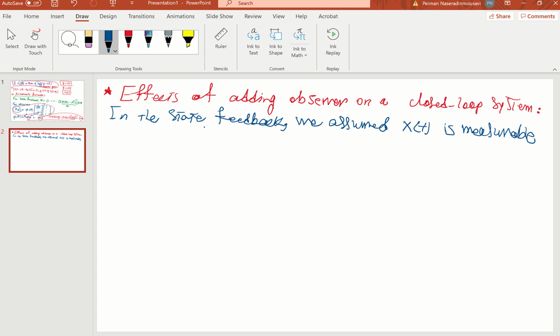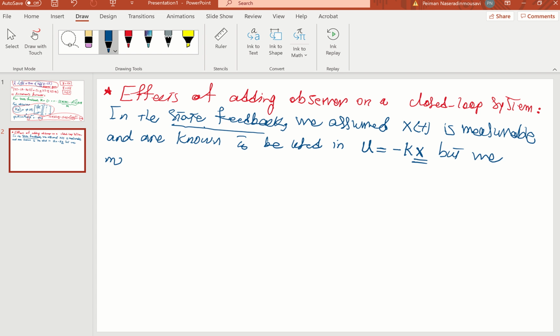We assume that they are 100% measurable, and we designed the state feedback control law. The state variables are assumed known to be used in your control signal u equal to minus Kx.